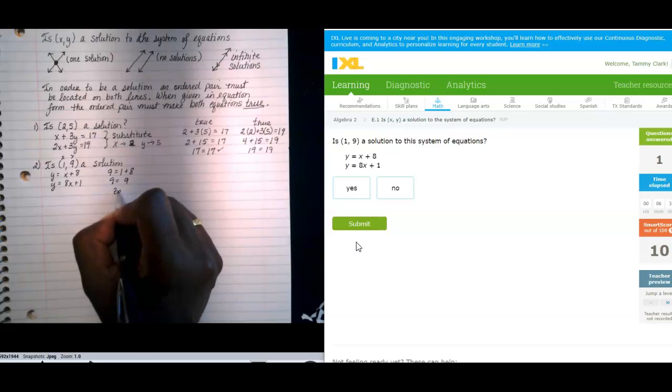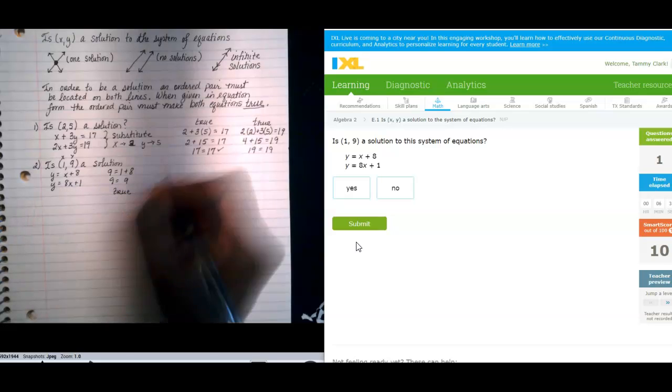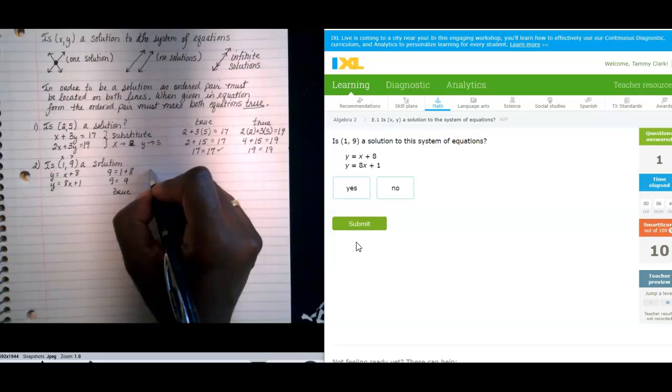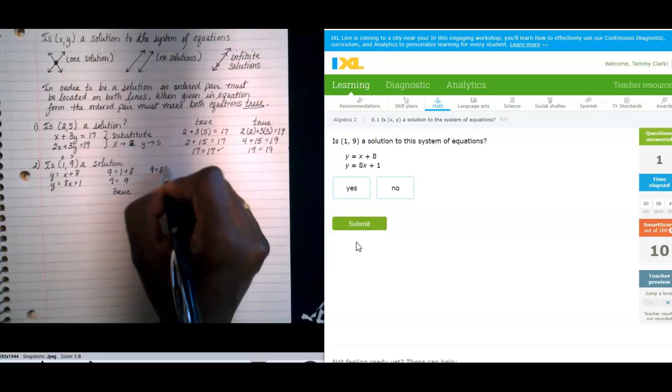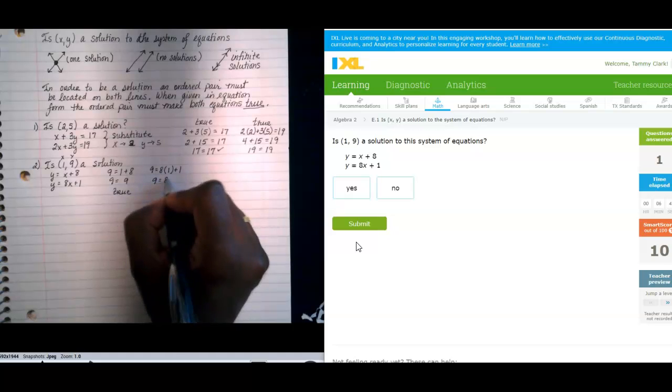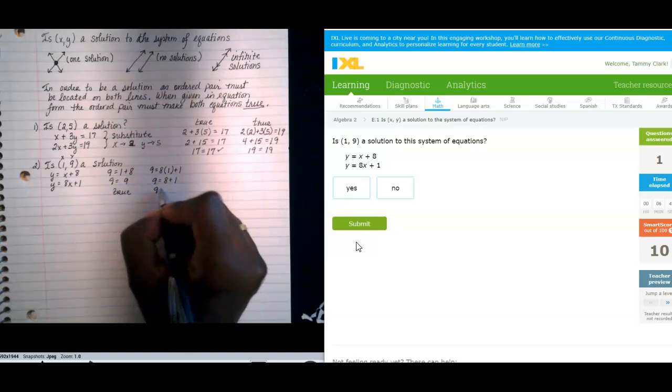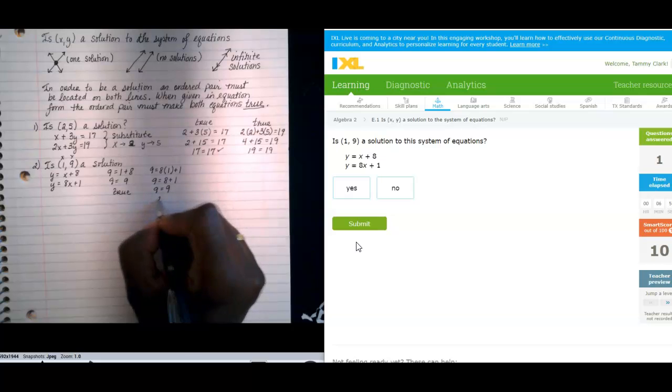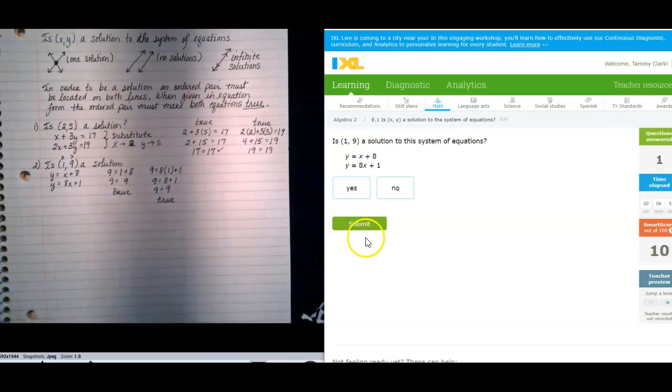So that's true. So we have to test this other equation. 9 is equal to 8 multiplied by 1 plus 1. 9 is equal to 8 plus 1. 9 is equal to 9. That is true. So, yes, the ordered pair (1, 9) is a solution.